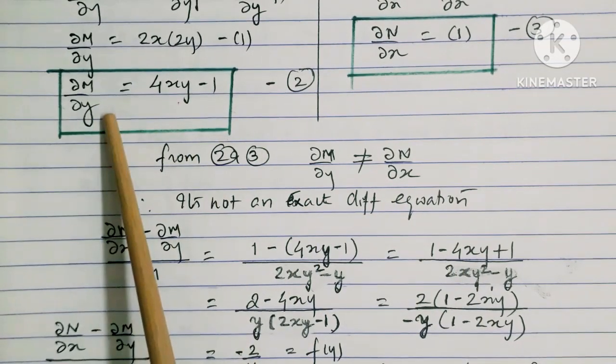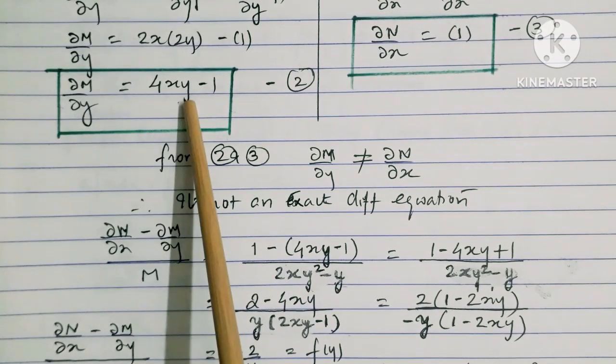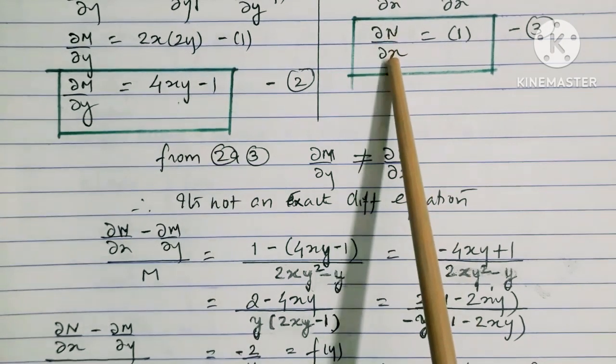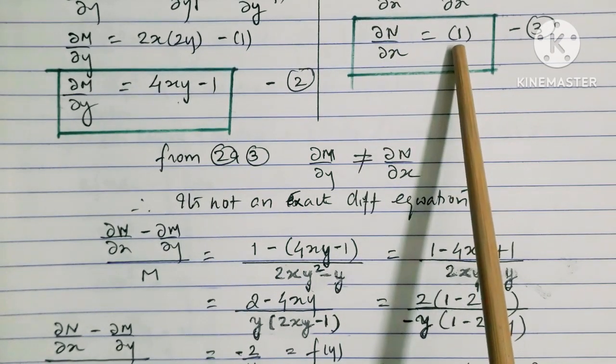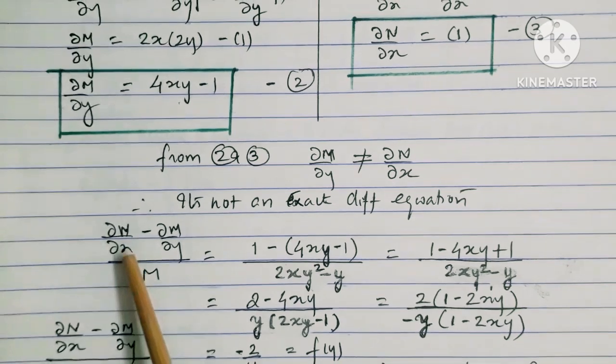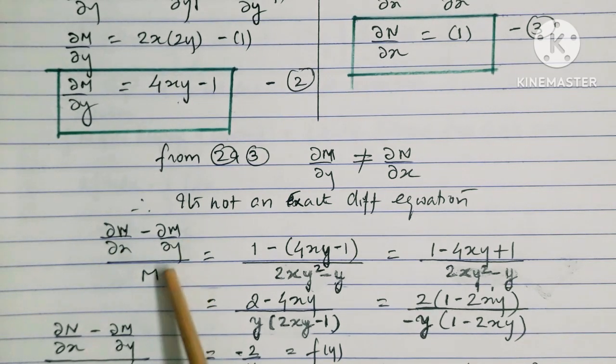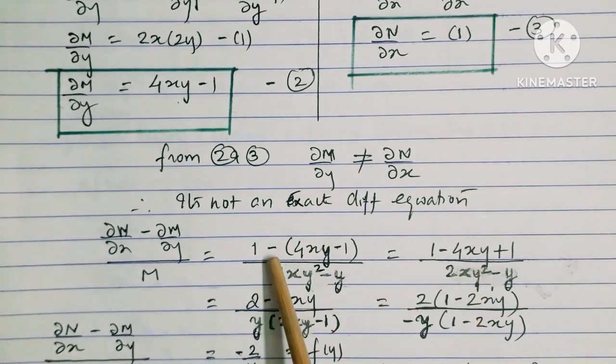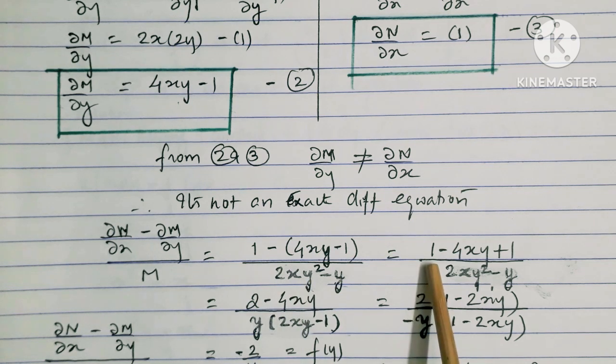Now ∂M/∂y = 4xy − 1 and ∂N/∂x = 1. Therefore (∂N/∂x − ∂M/∂y) upon M is equal to 1 minus (4xy − 1) upon M, which is 2xy² − y.